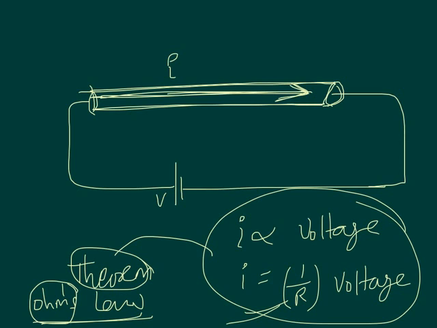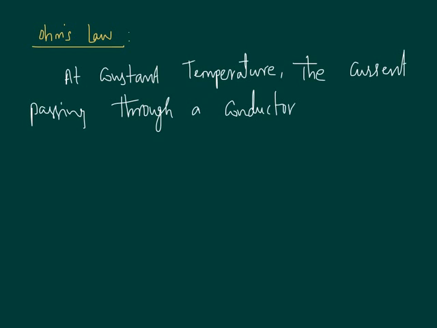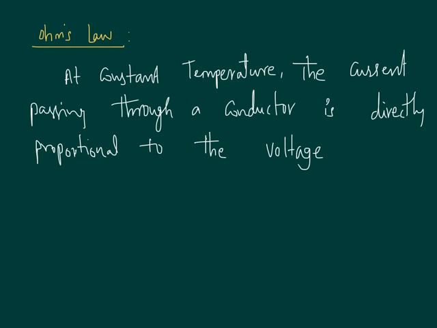In a formal definition, Ohm's law states: at constant temperature, the current passing through a conductor is directly proportional to the voltage applied.